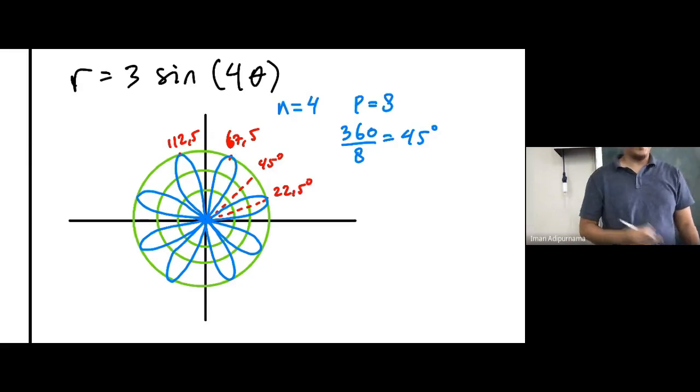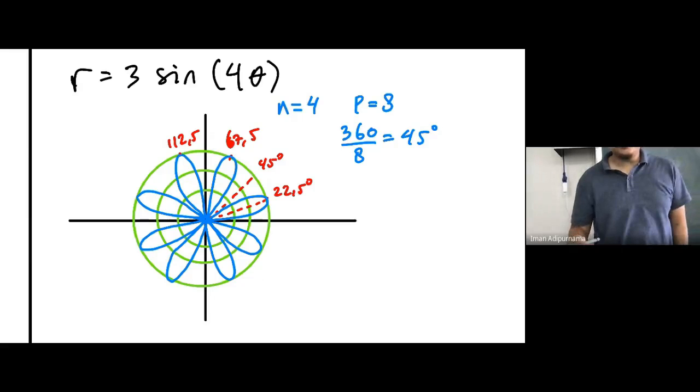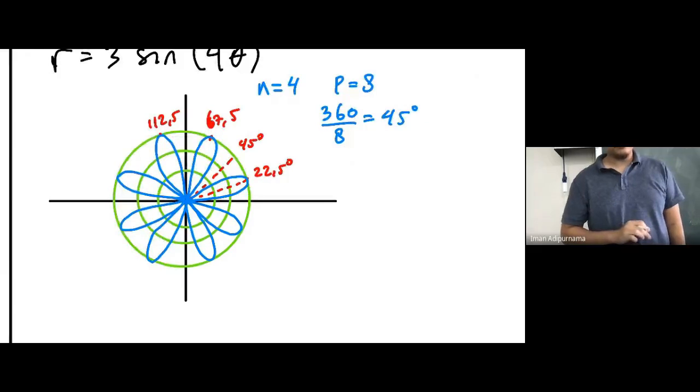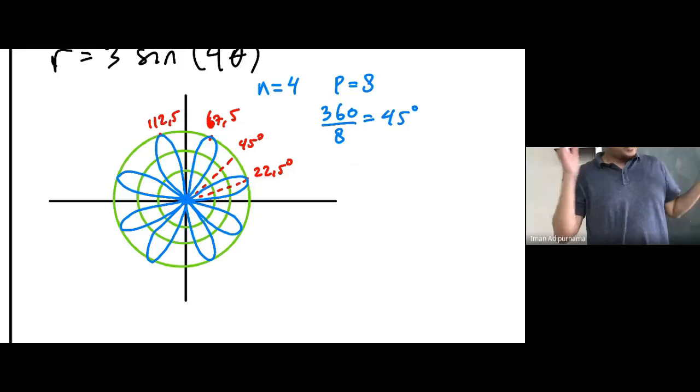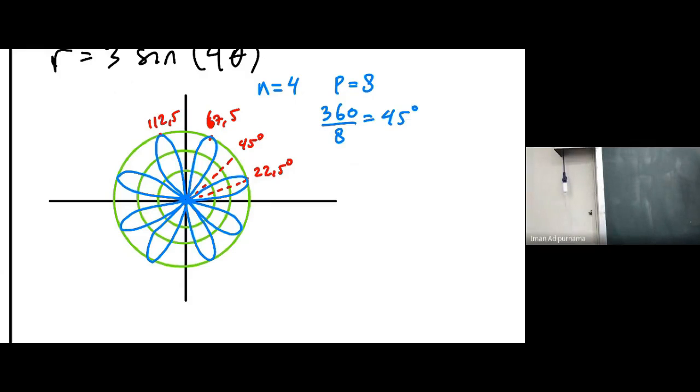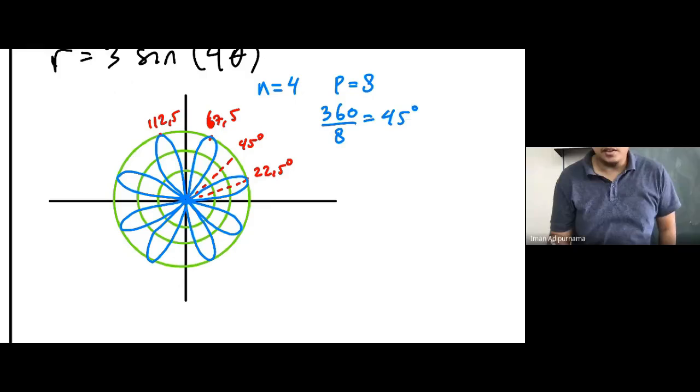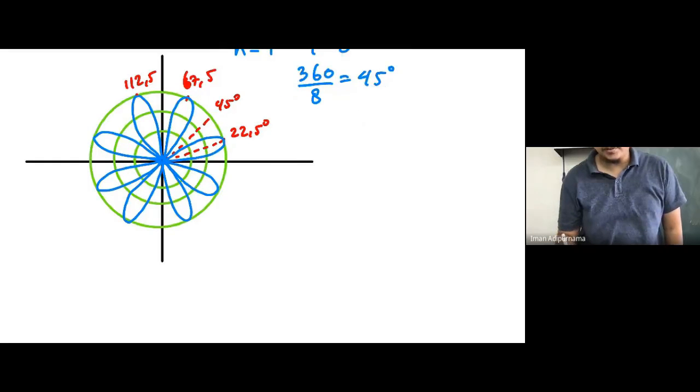Okay. And that's the graph for the polar 3 sine 4 theta. To make sense of what we are doing, let's try adding theta equal 67.5.